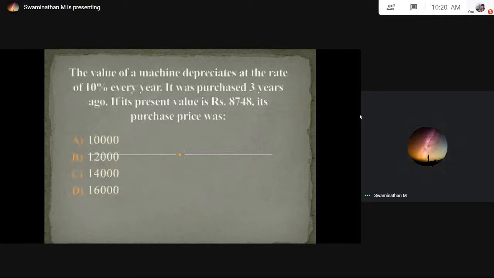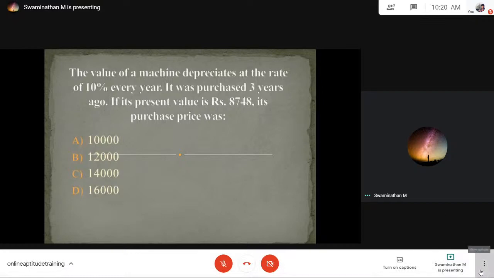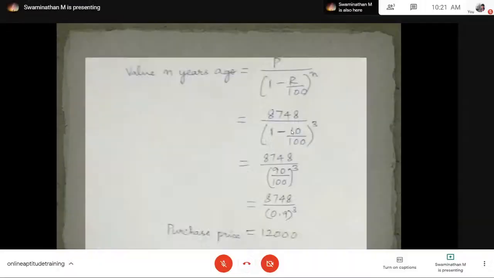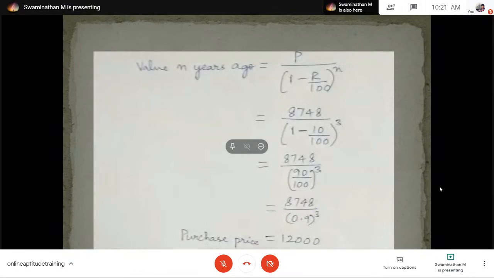Okay. I'm going for the solution. P by 1 minus R by 100 power n, and the present value is 8748. So the rate is 10%. N years ago, the n is 3 years.